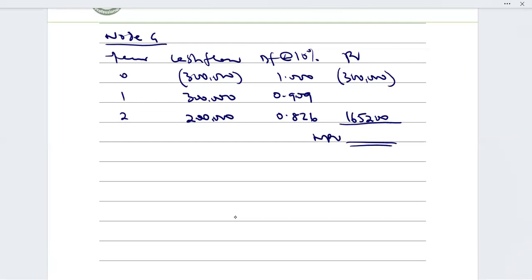Then 300,000 multiplied by 0.909 is 272,700. 272,700 plus 165,200 minus 300,000 is 137,900.